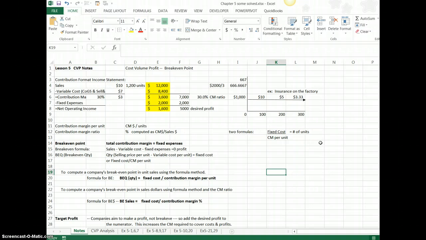The answer is going to be in units, just like we did the example with 667. So let's go with this particular example. The fixed cost was 2,000. But in this case, I don't want fixed cost to hit break even. I want a target profit. So I'm going to add that desired profit as though it was a cost, and I'm going to divide that by my contribution margin per unit.